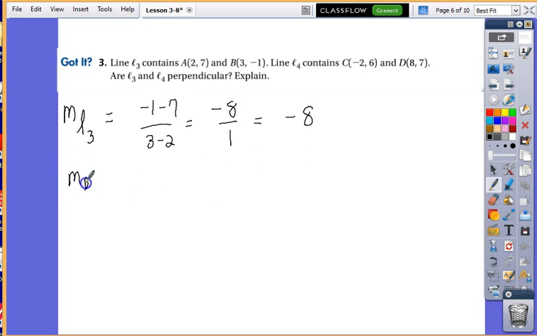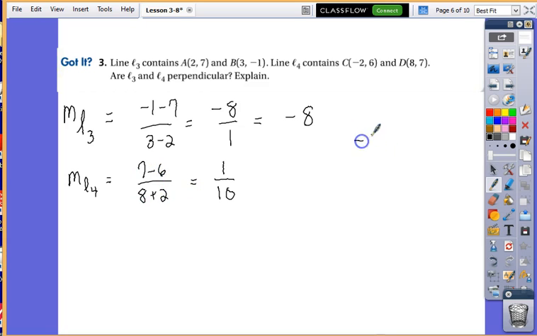And then the slope of line 4 is going to be 7 minus 6 over 8 minus a negative 2. That's 8 plus 2. So that gives me a positive 1 over a positive 10.